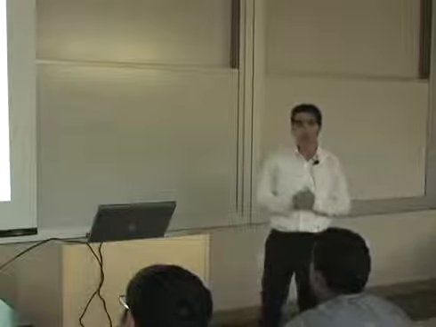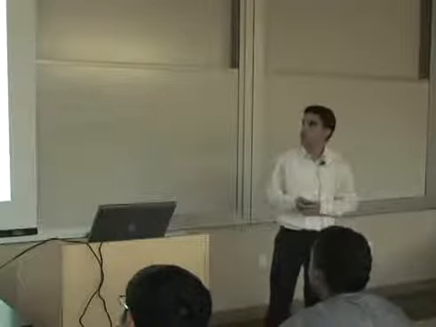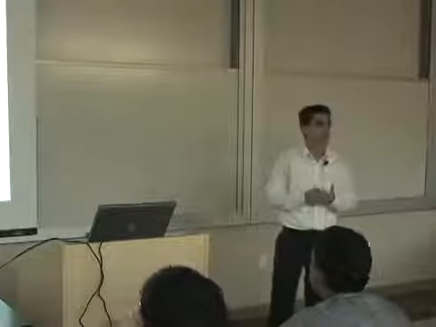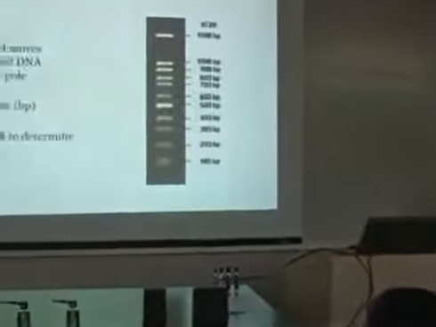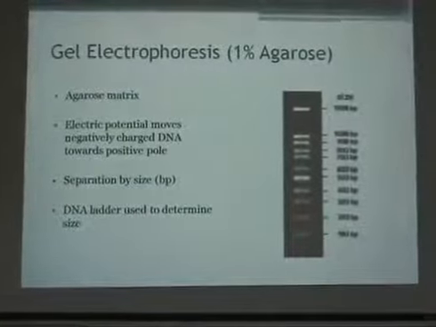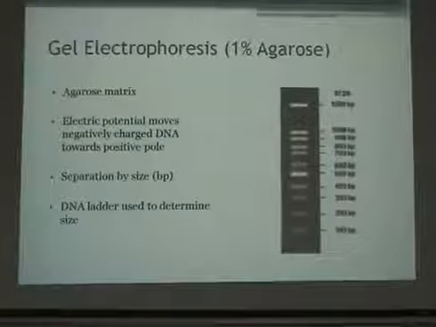Then we go into analyzing this DNA fragment to see its expression by running it through an agarose matrix, using a technique called gel electrophoresis. This technique uses the negative charge found in the DNA to separate it by size.